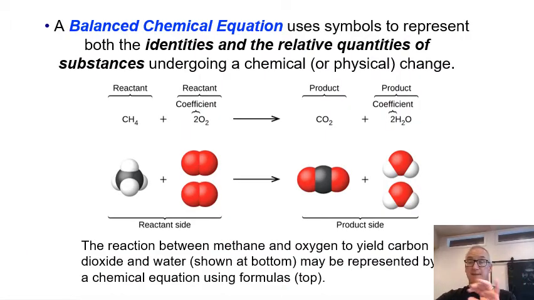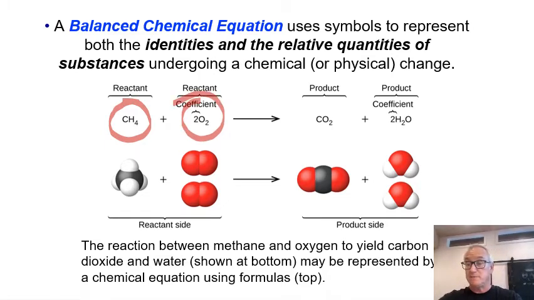So a balanced chemical equation uses symbols to represent both the identities and the relative amounts of substances undergoing a reaction. This is the burning, or the combustion, of methane. So here I've got methane, and a combustion reaction just means I'm burning it in the presence of oxygen.